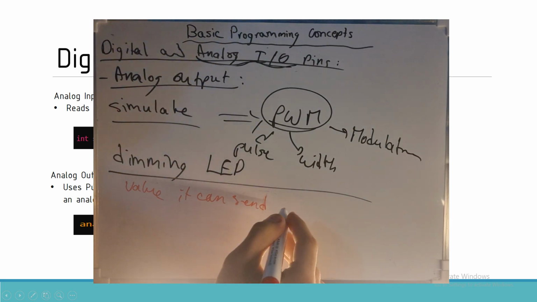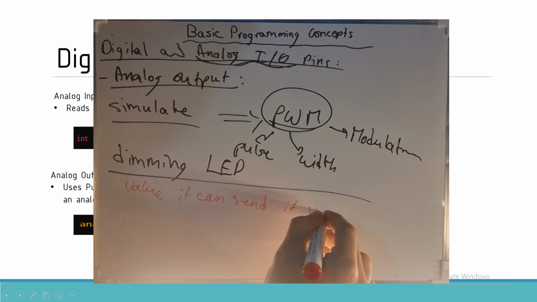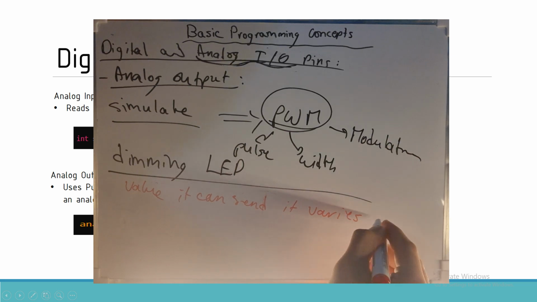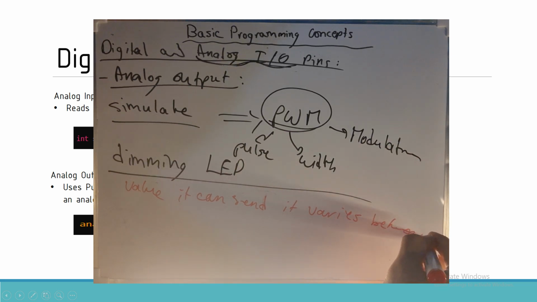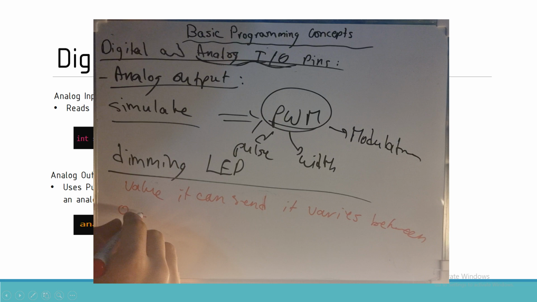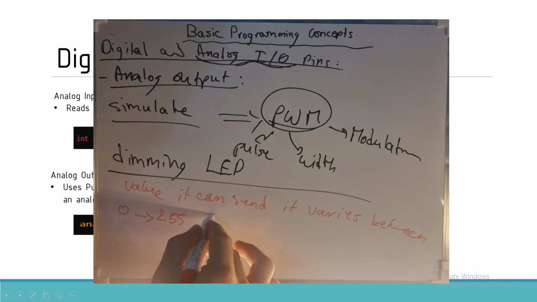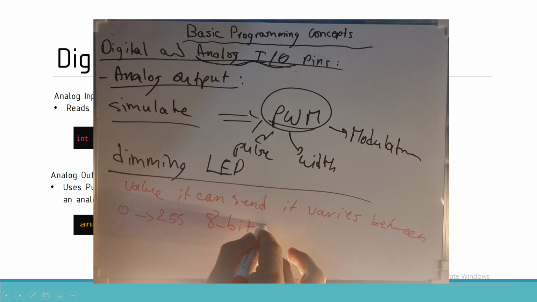Regarding the value that this command can send, it varies between 0 and 255, since the PWM in Arduino Uno works on 8-bit resolution.